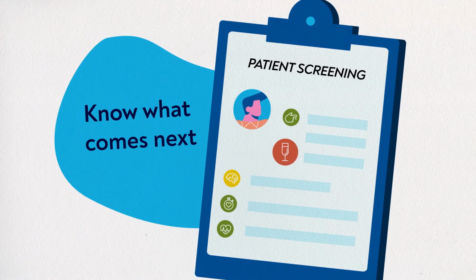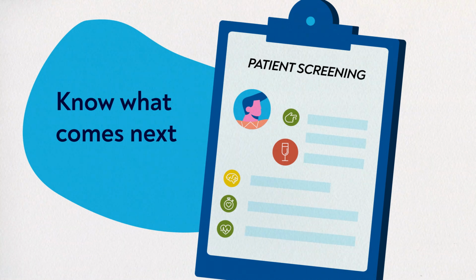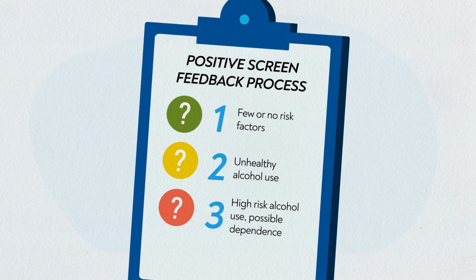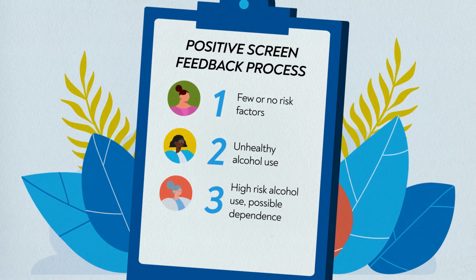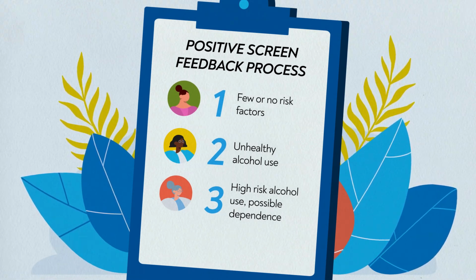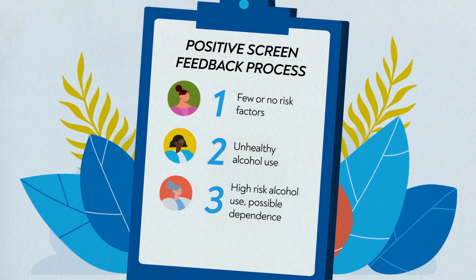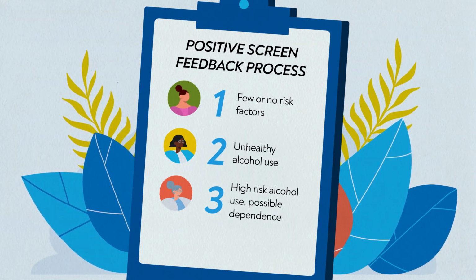Above all, you should quickly know which designated team member should communicate the results with the patient. Who speaks to them next might depend on the severity of the patient's screen result. Create a standardized procedure for your healthcare team that indicates which team member talks with the patient based on their screening score.